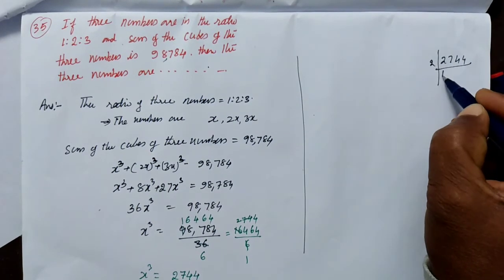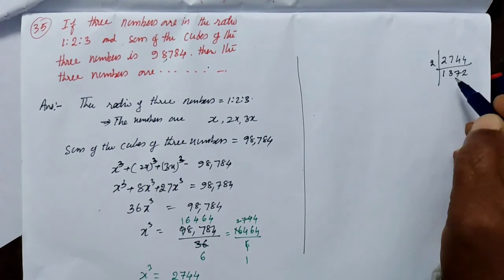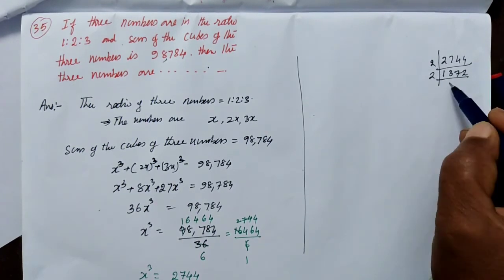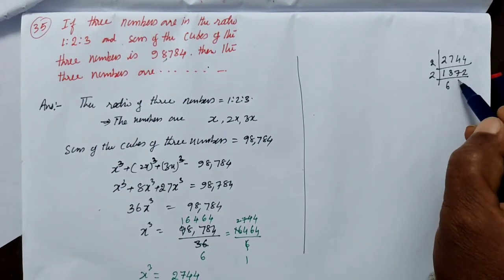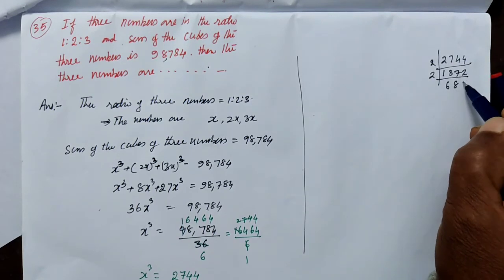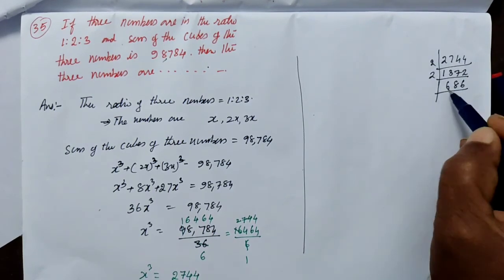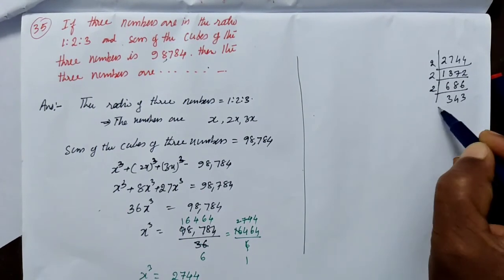So 2 ones are 2, 2 sevens are 14, then 2 sixes are 12, and so on.